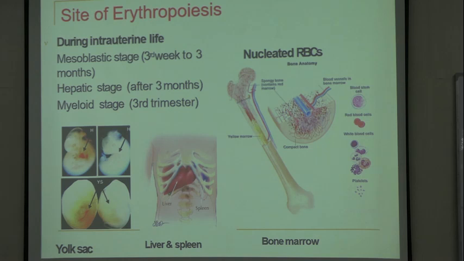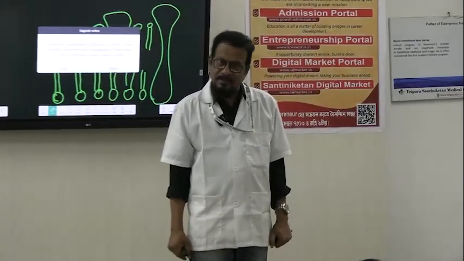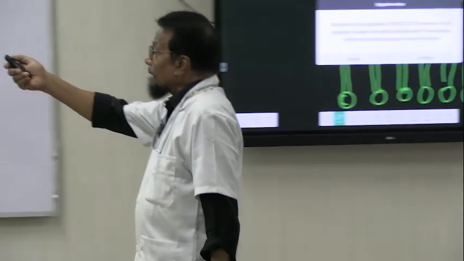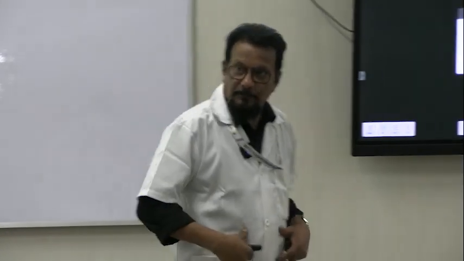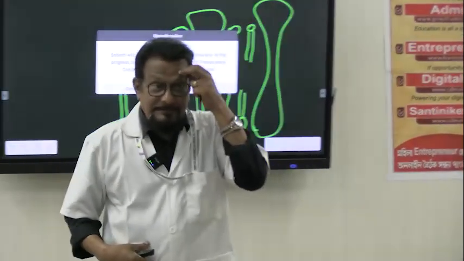So it is the cells of the mesoderm that will first start synthesizing RBCs. And after 3 months of embryonic life, after the first trimester, what happens?